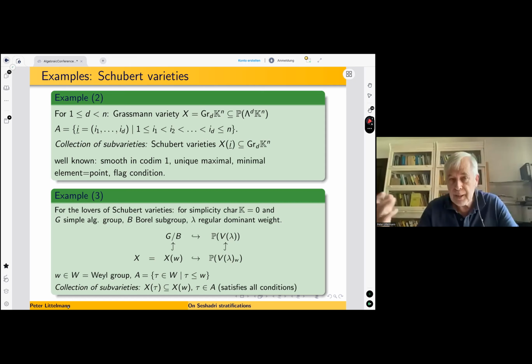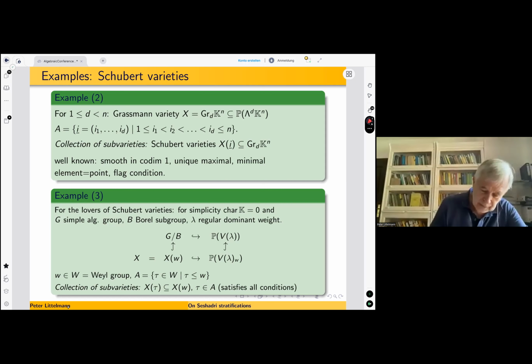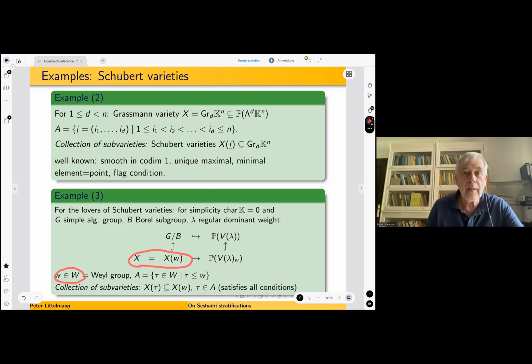So then I have an embedding of G/B in there, via the highest weight vector. Then I fix a Weyl group element. And then I take as my X this Schubert variety itself, which is contained in the projective space over a Demazure module, which is a submodule of my representation.